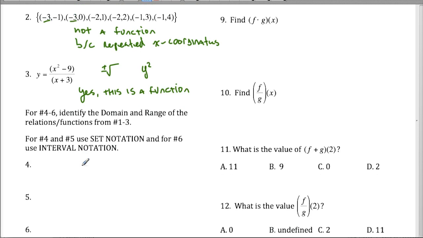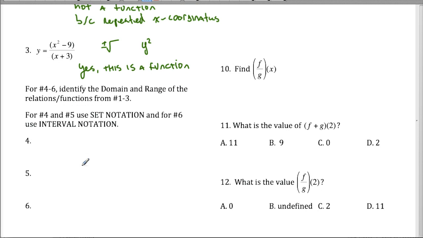So for numbers 4 through 6, identify the domain and range of the functions or relations from numbers 1 through 3. So it says for number 4 and 5, use set notation, right? So sets always have braces on the end. And for number 6, use interval notation. And interval notation either has a parentheses or a bracket.